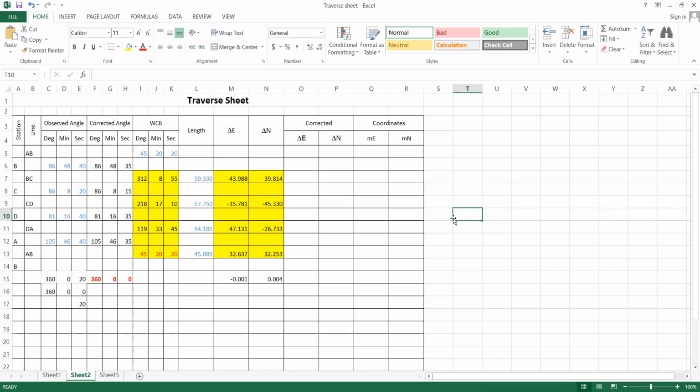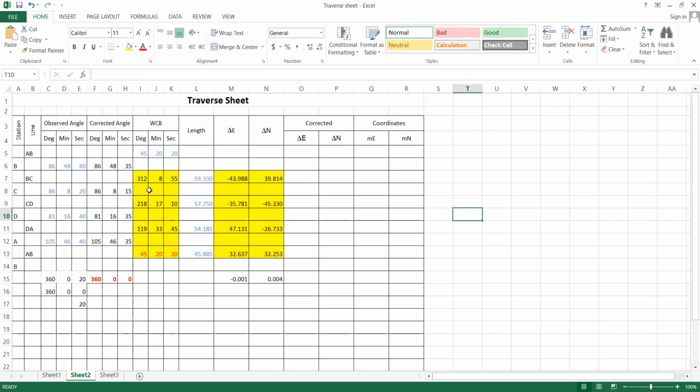It is very essential to have 45, 20, 20, because that is the field measurement, which is in blue color at the top. Then you are supposed to calculate the delta E and delta N values. Remember, check the signs also.